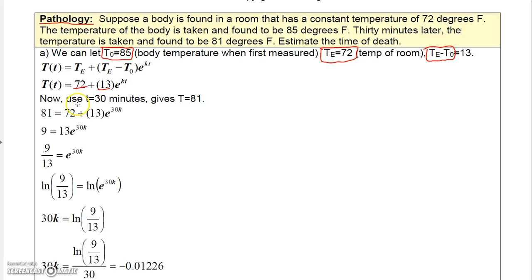Now, we can use the fact that when t is 30, the temperature of the body was 81.